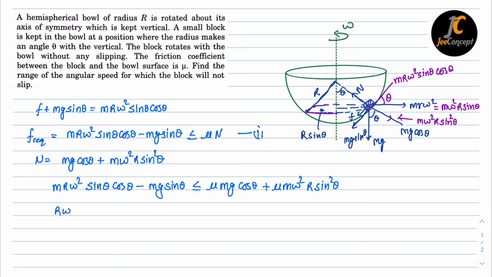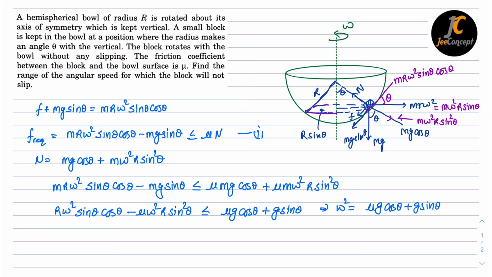So r omega square sine theta cos theta minus mu omega square r sine square theta is less than or equal to mu g cos theta plus g sine theta. So the value of omega square will be (mu g cos theta plus g sine theta) upon r sine theta times (cos theta minus mu sine theta).